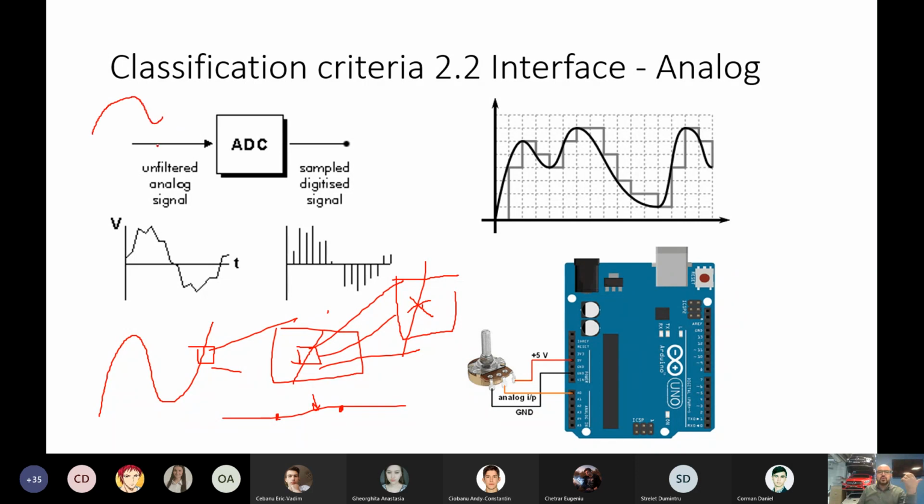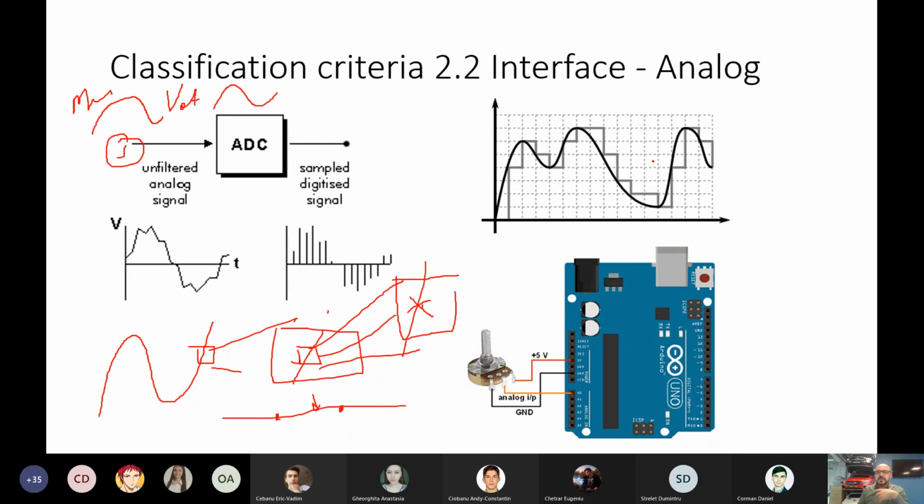Usually some sensors can provide us an analog signal. That means it's converting from the physical parameter to another value, voltage, that will also be a continuous signal.